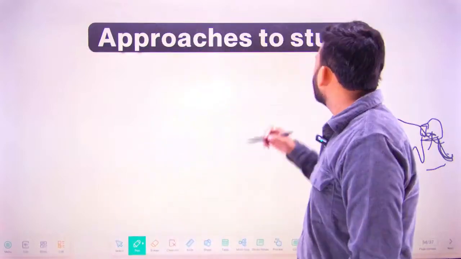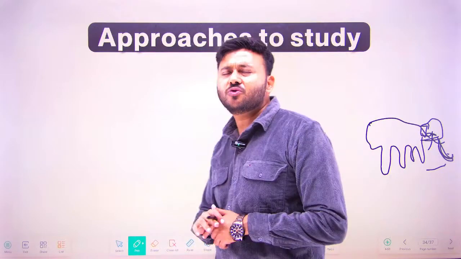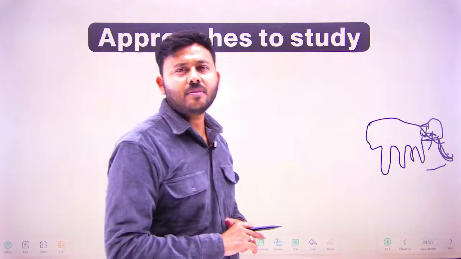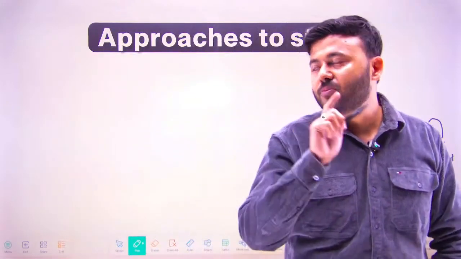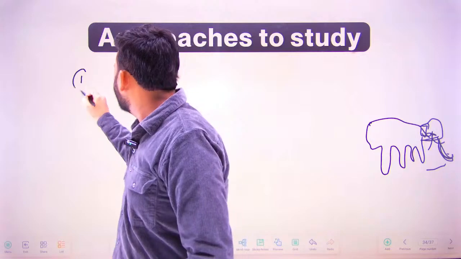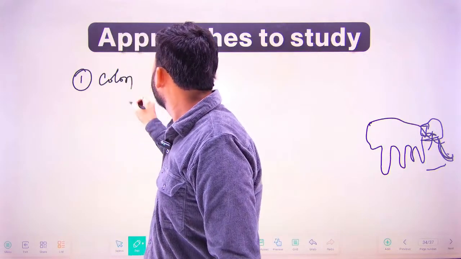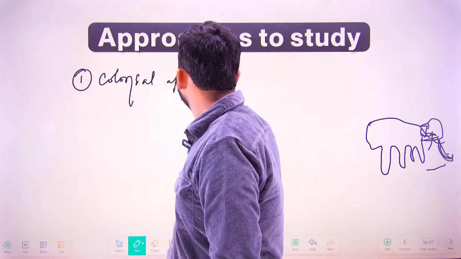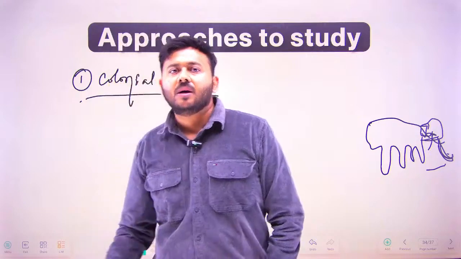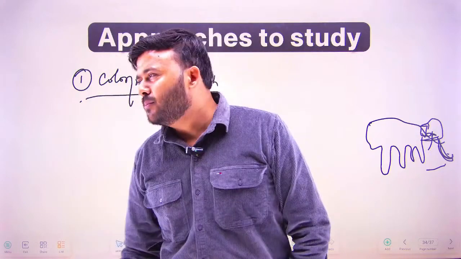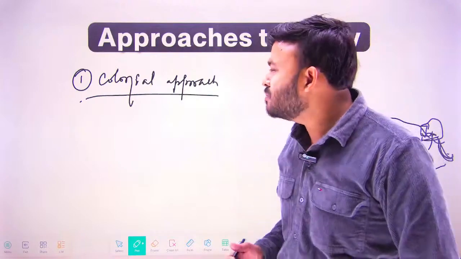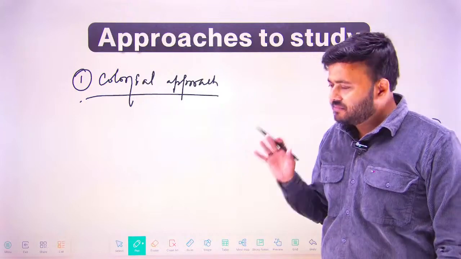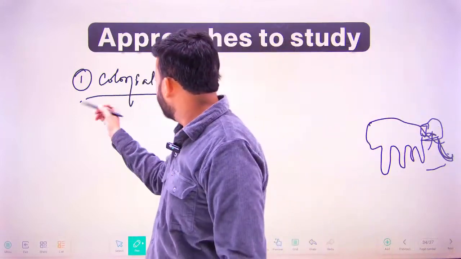So when we talk of approaches to study, there are 6 to 7 approaches to study Indian modern history, in which the first and foremost approach is the colonial approach. Mostly the propounders are Vincent Smith and Max Muller. They say that there are 2-3 theories behind the colonial approach.